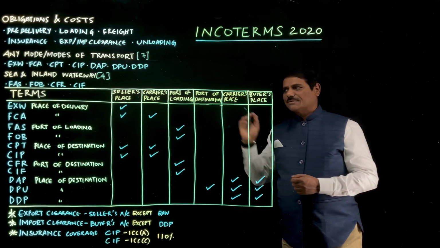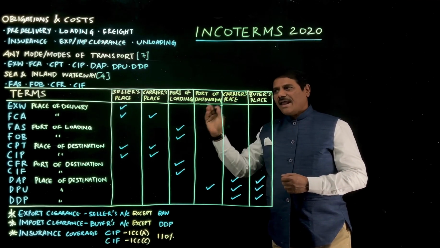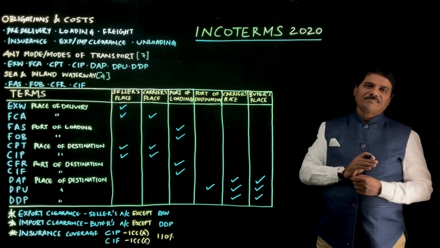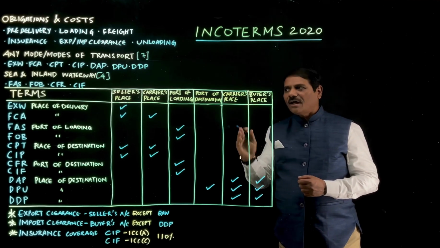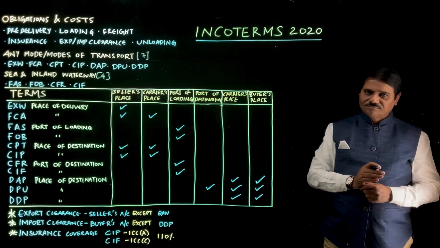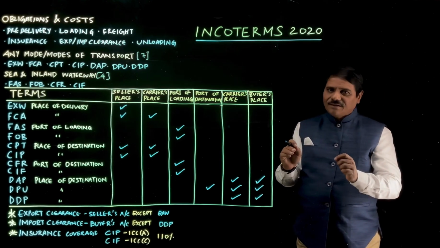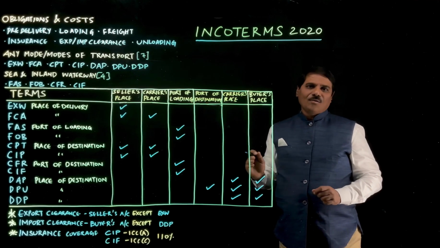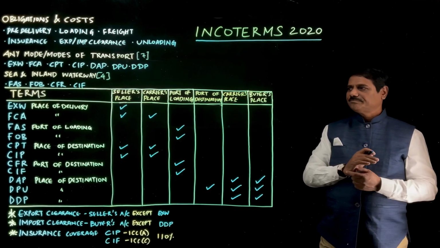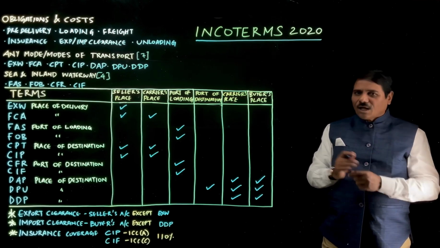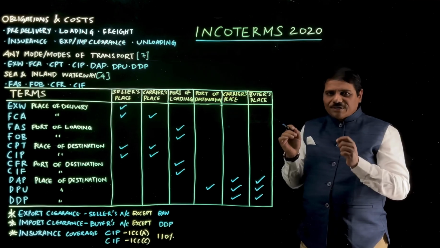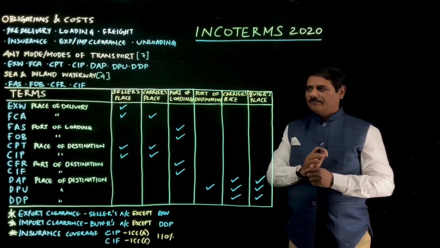And you have 4 terms: FAS, FOB, CFR, CIF. These 4 terms are given under sea and inland waterways. As I said, these 4 terms are most appropriate for bulk shipments. Now let us understand against each term what the place of delivery is.